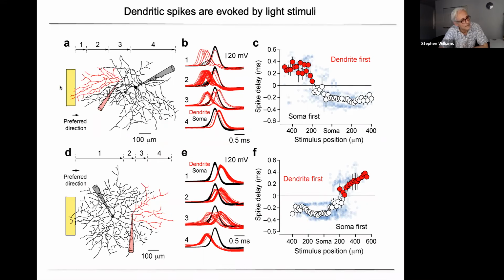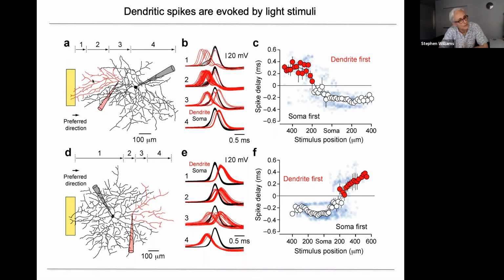And what we find is, as light enters the dendritic arbor or the receptive field, we see these dendritic spikes initiated that forward propagate to the soma and axon to discharge an action potential.